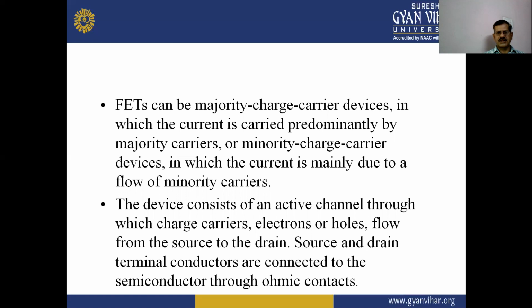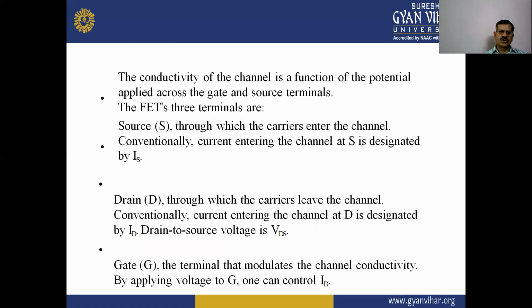The device consists of an active channel through which charge carriers, electrons or holes, flow from the source to drain. Source and drain terminal conductors are connected to the semiconductor through ohmic contact. The conductivity of the channel is a function of the potential applied across the gate and source terminals.